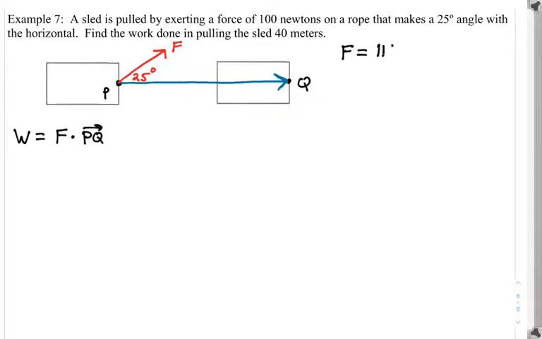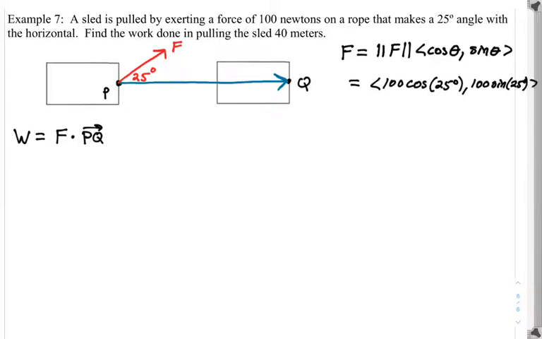All right, so the force is going to be the magnitude of the force times cosine theta, sine theta. So the magnitude of the force was 100, and then cosine of 25 degrees, and 100 sine of 25 degrees. All right, that looks good. So let's go ahead and store that.